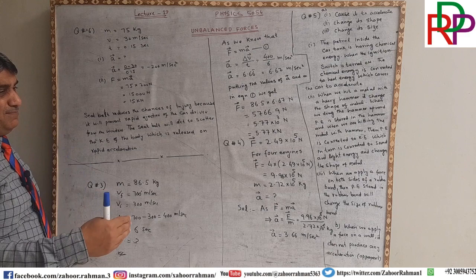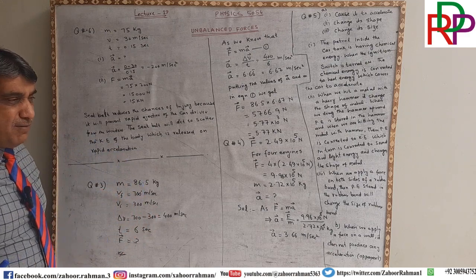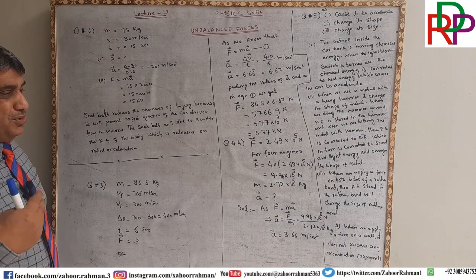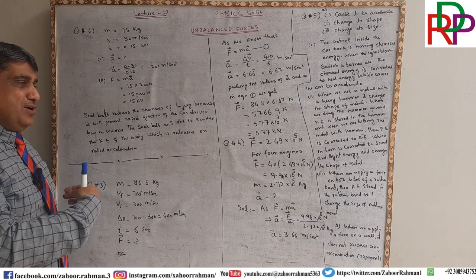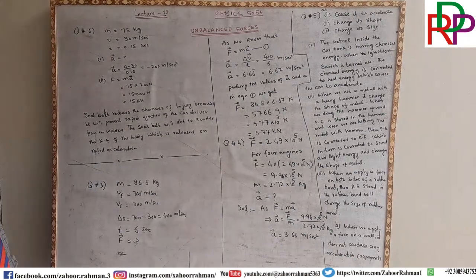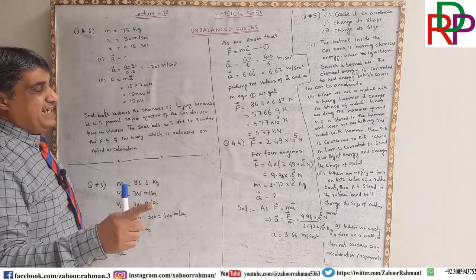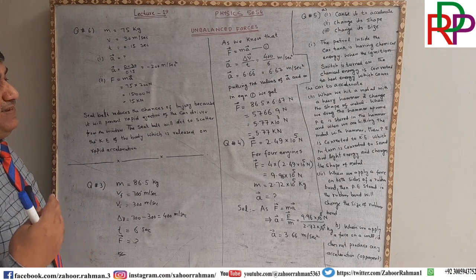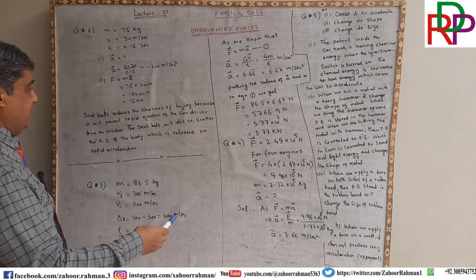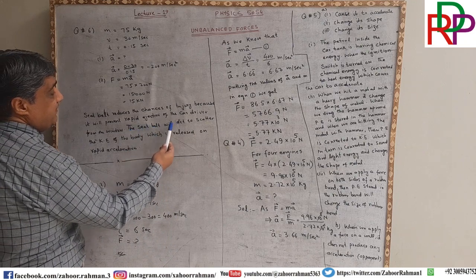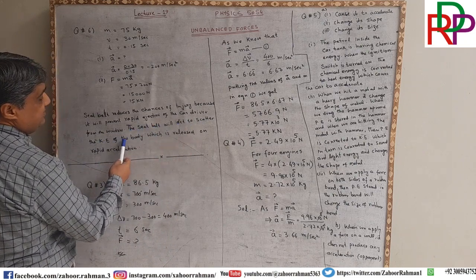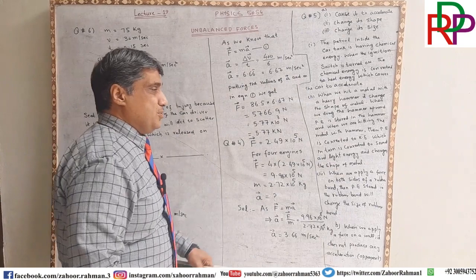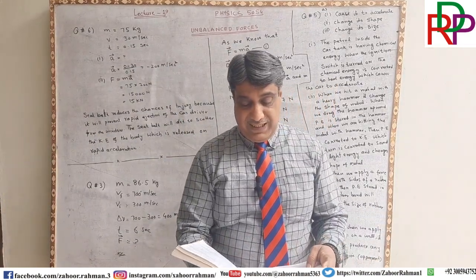The car suddenly becomes at rest, but the body is still moving with that kinetic energy. So during the accident, if you are wearing a seat belt, then that kinetic energy will be prevented by the seat belt and will reduce the chances of injury. I wrote this: the seat belt will act to scatter the kinetic energy of the body, which is released on rapid deceleration. So that is why seat belt is very important.